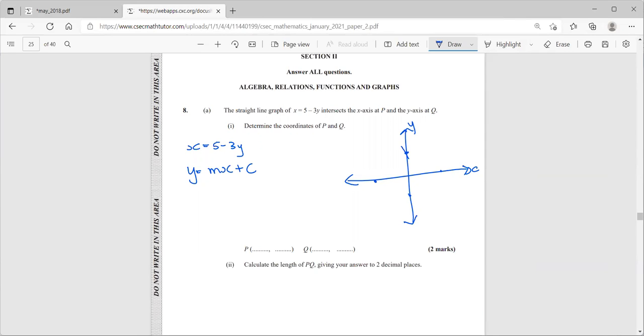All right, so go ahead and put it in that form for me, please. Y is equal to mx plus c. So that basically means we're going to make y the subject of the formula, right? What's the first thing we're going to move? We're solving for y. We're making y the subject of the formula. What's the first thing we're going to move?